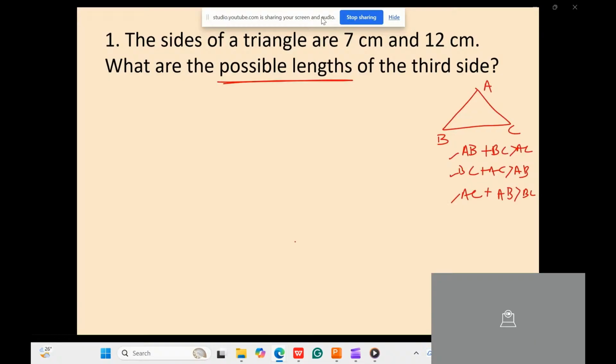So, as we know that the sum of the two sides should always be greater than the third side, it means that we add it, we get 19. So the third side should not be greater than 19. Okay, so the maximum we can have is 18. It should be less than 19 basically.